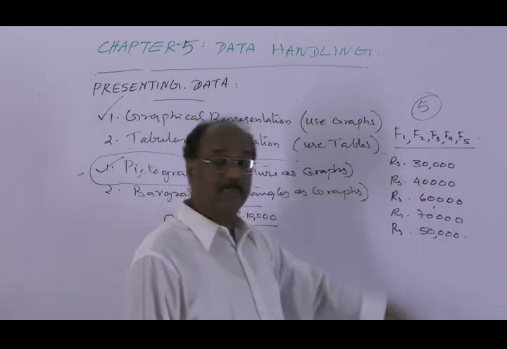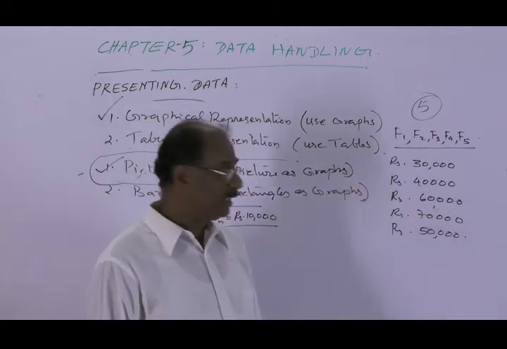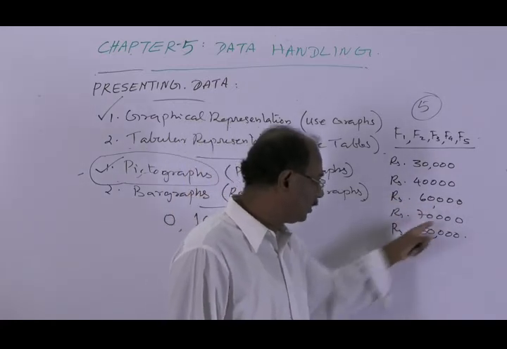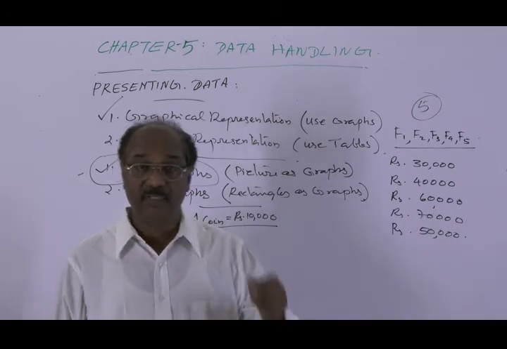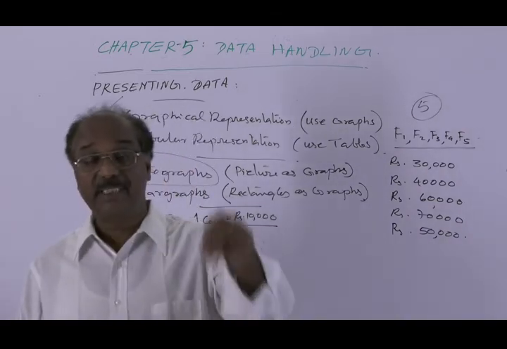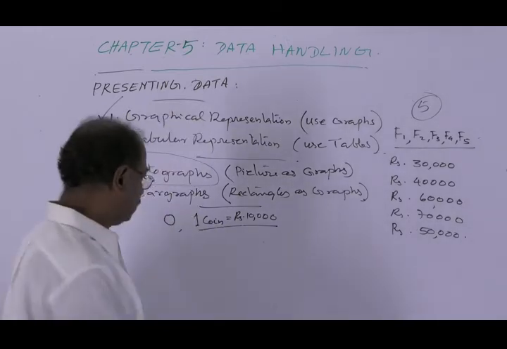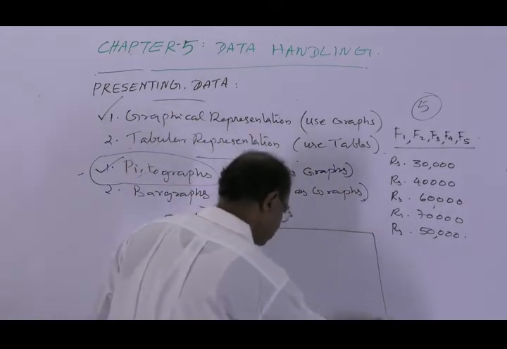Then with this scale we can represent the data by coins. 30,000 will be represented by 3 coins, 40,000 by 4 coins, similarly 6 coins, 7 coins, 5 coins. So we can draw the graph. Usually we draw a rectangular box.